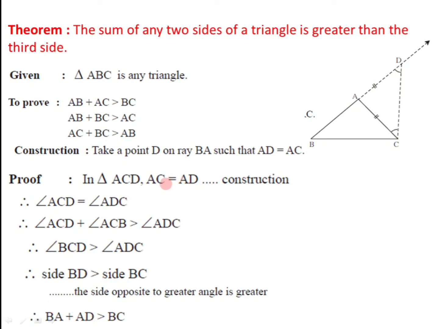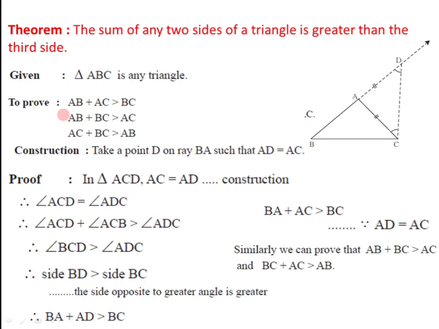Now we have proved AC is equal to AD. So in this inequality, instead of AD we can write AC to get BA plus AC is greater than BC, as AD is equal to AC, which we have already proved. Now if we rearrange this, we get AB plus AC which is greater than BC. So here we have proved the first statement that we were asked to prove.